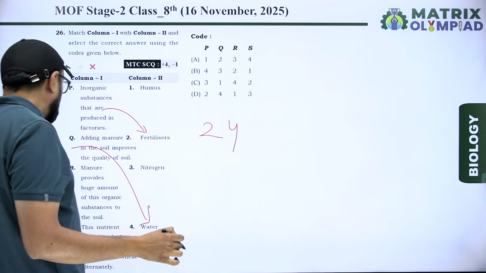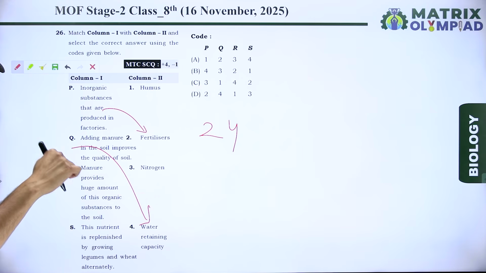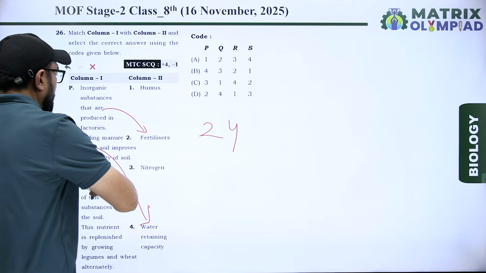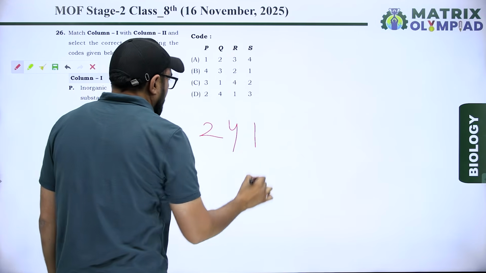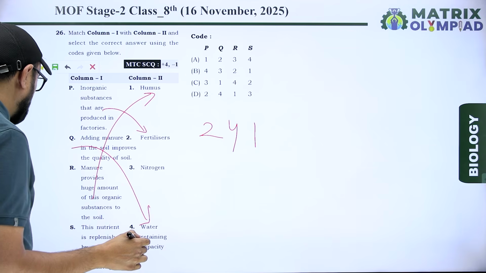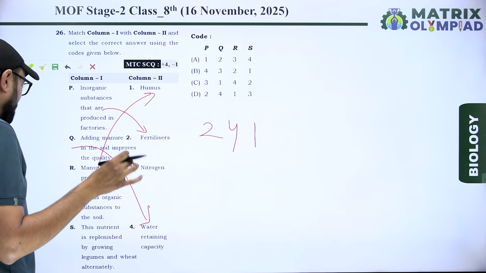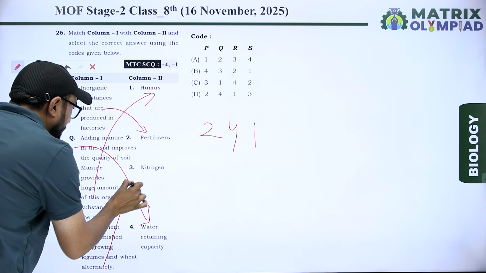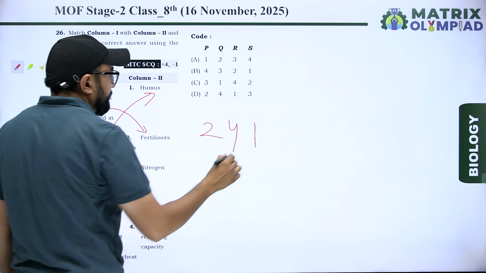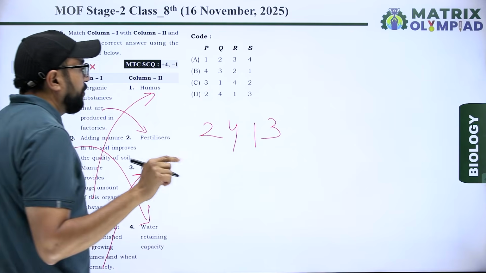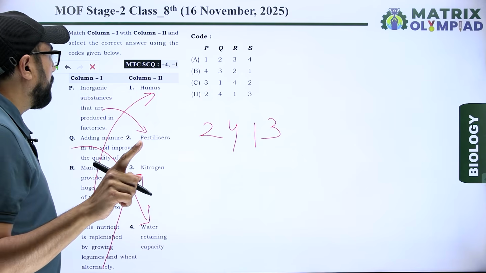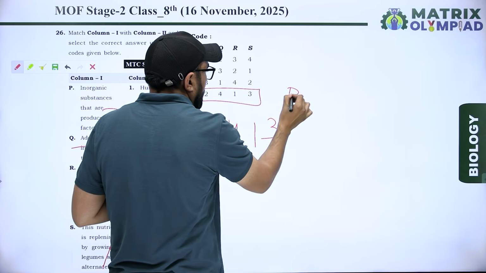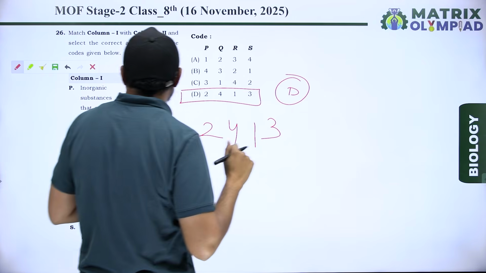Manure provides a huge amount of these organic substances to the soil: that is humus. And last, this nutrient is replenished by growing legume and wheat alternately: that is nitrogen. 3, 2, 4, 1 matches in option D. Option D is right for this question.